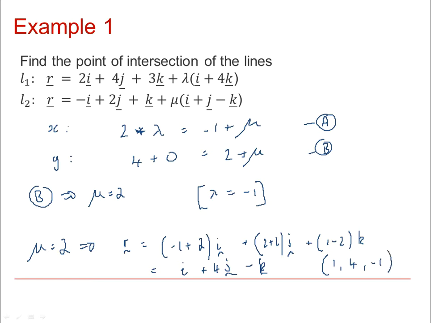Now you could also go back and check that lambda gives the same value in L1, just to be sure that we have got our working correct. So the method is the same as when we're in 2 dimensions. We write down the equations for the coordinates and then equate those simultaneously so that we can then solve for either mu or lambda.